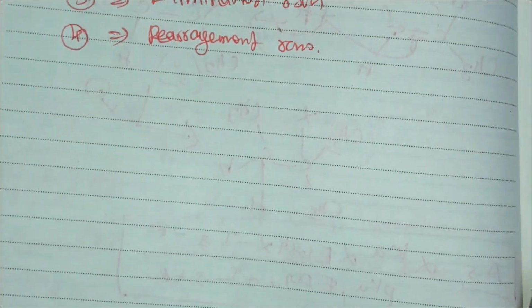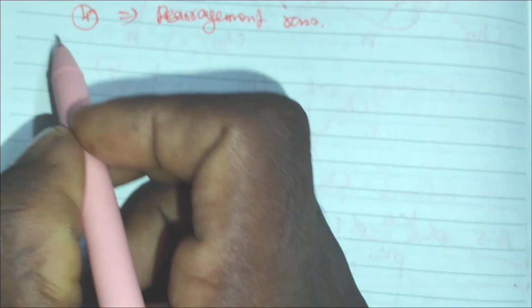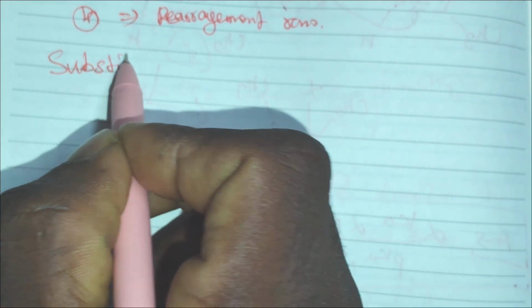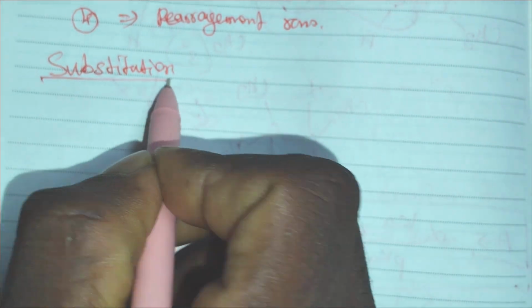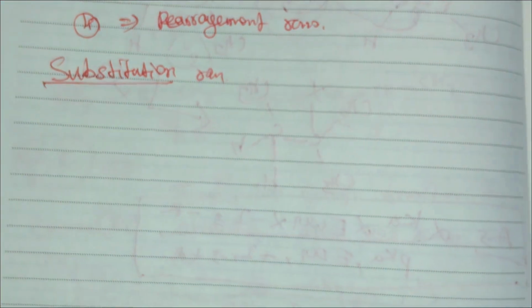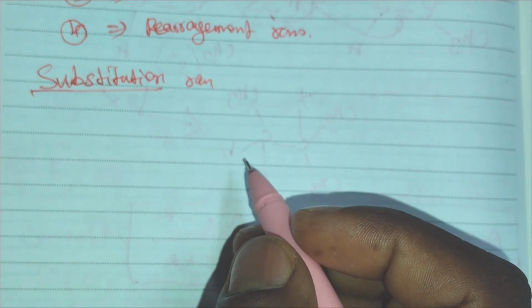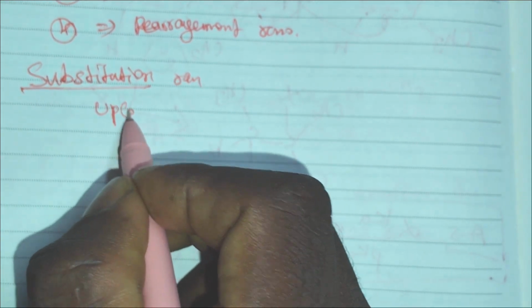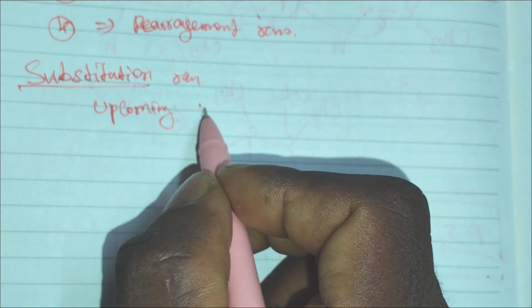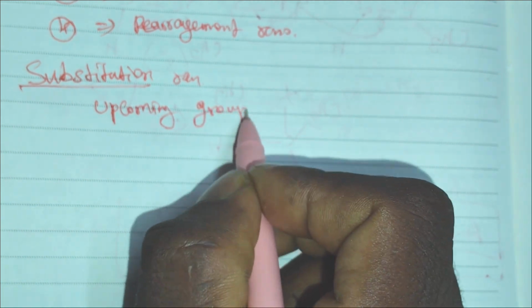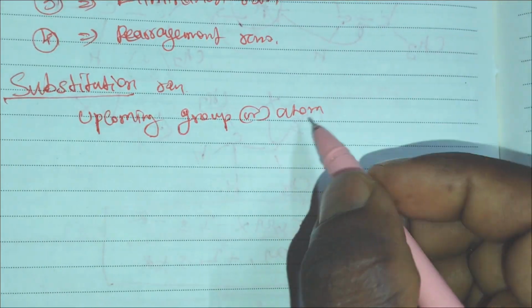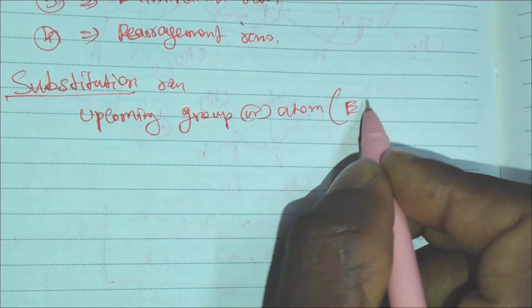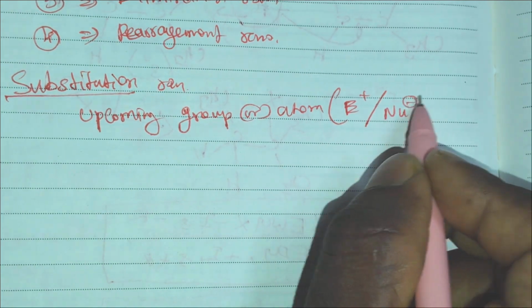First, we go to the first type, the substitution reaction. A substitution reaction is where one atom or group is replaced by an upcoming group or atom, such as either an electrophile or a nucleophile.